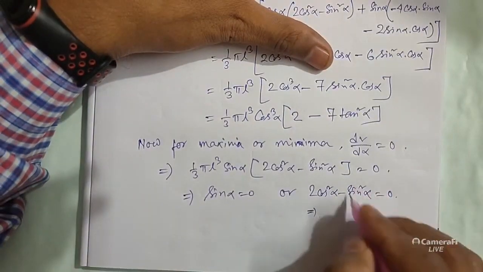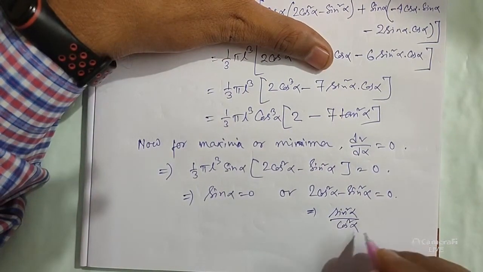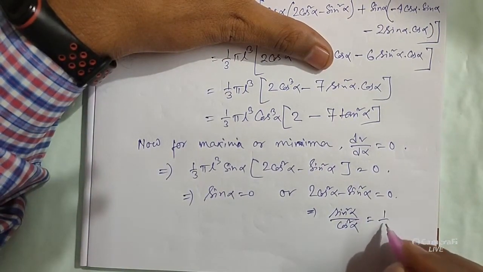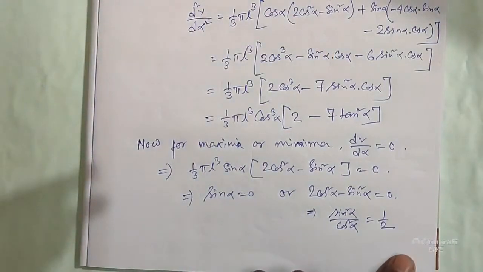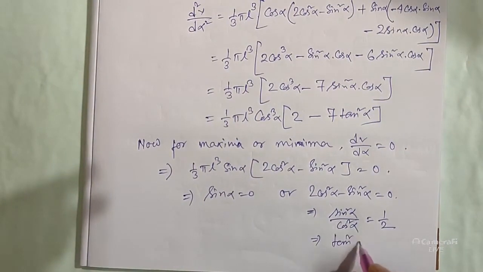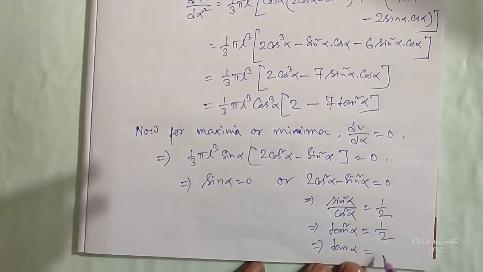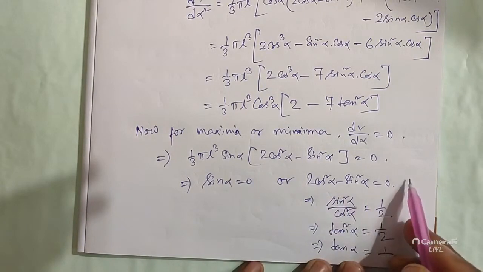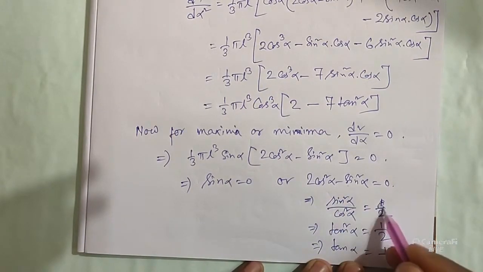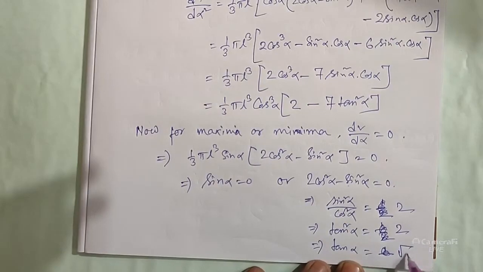So from this we are getting sin square alpha by cos square alpha equals to 2, that means tan square alpha equals to 2, and tan alpha equals to root 2.